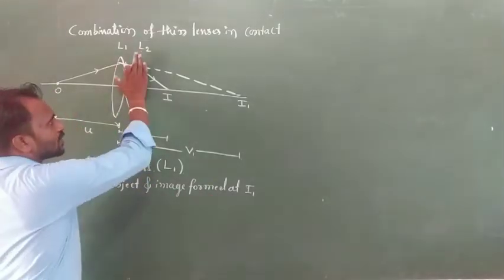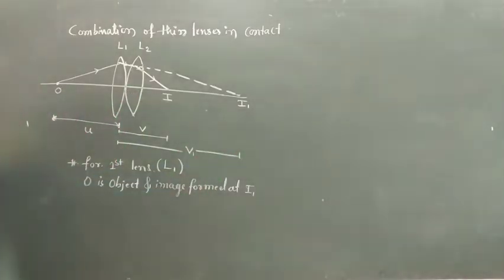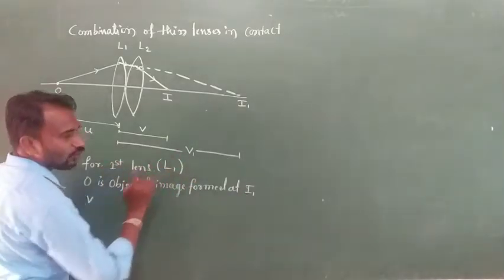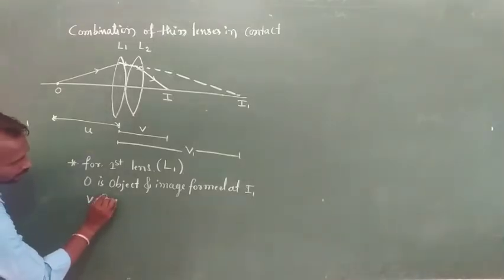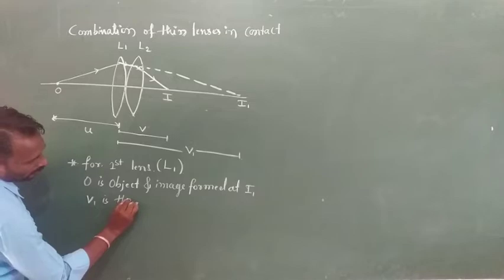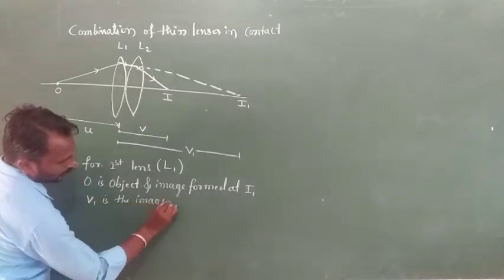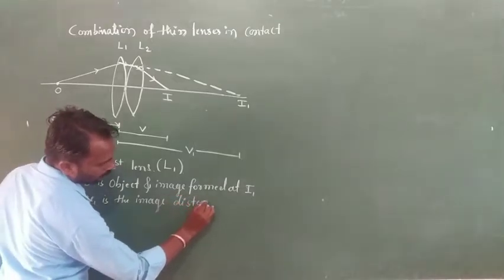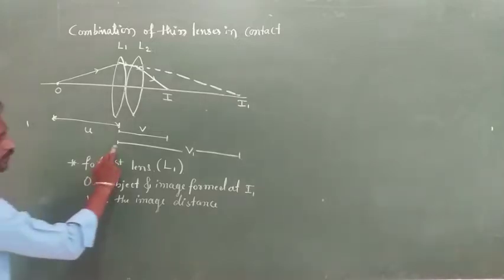It means we don't consider the second lens. I1 is the image and its distance is V1.